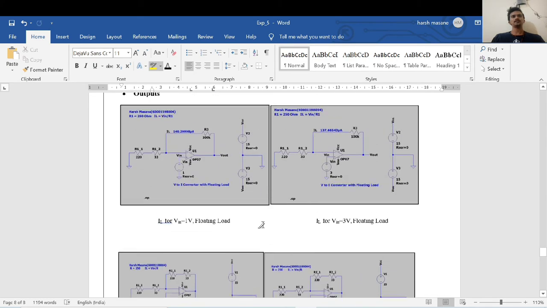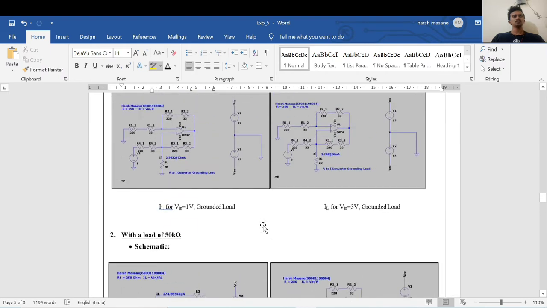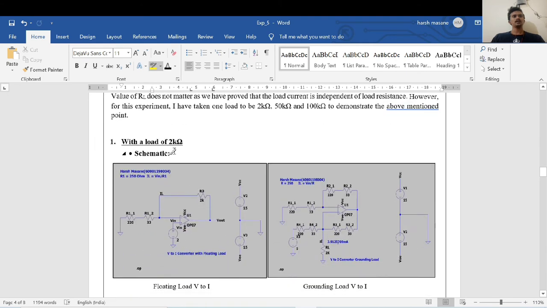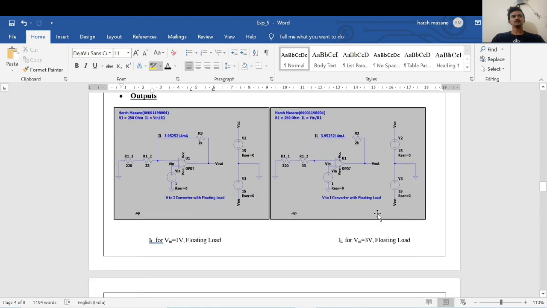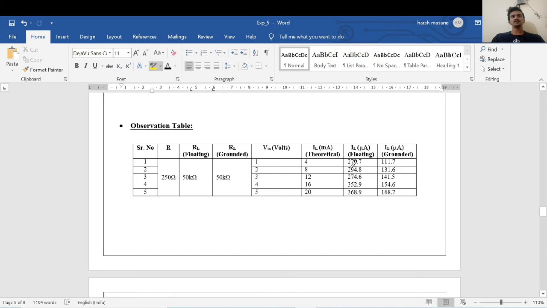Here I have taken the observations, you can see here. When my load is 2 kilo ohms, as you can see, the difference is very large between the theoretical and the practical values. As we go on increasing the load resistors, my difference will be more and more.